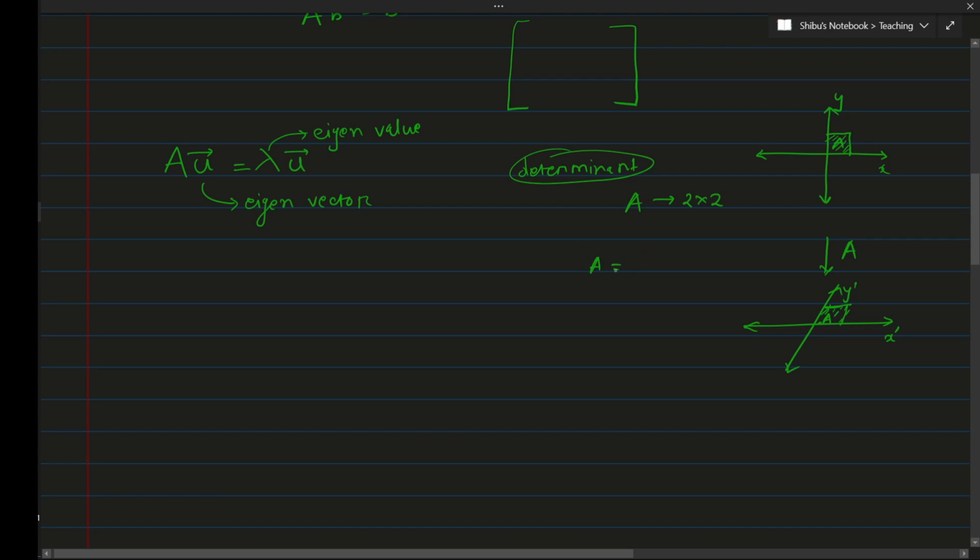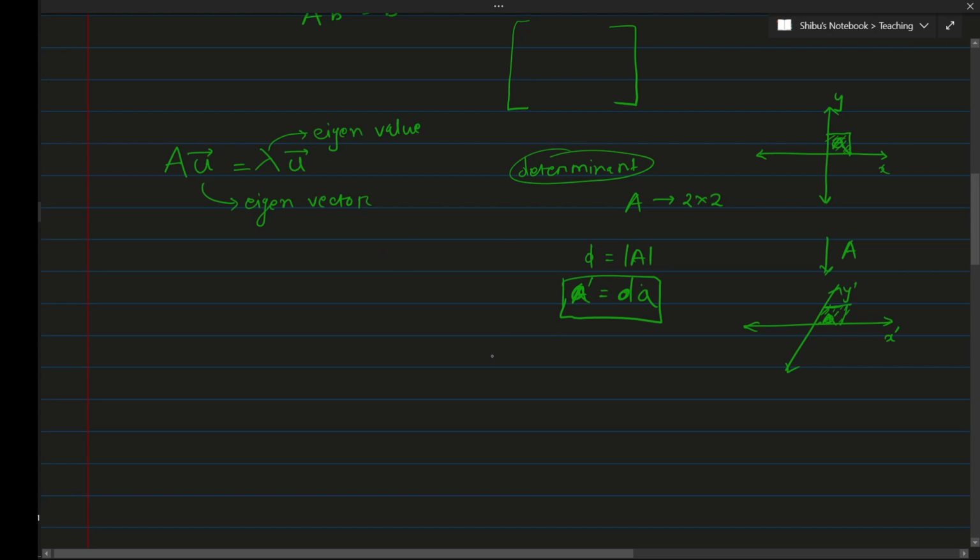This amount of distortion is given by the determinant. Let's say D is the determinant of the matrix A, then the amount of distortion that happened will be given by this determinant. So A dash will be D times A. The scaling factor of this stretching or compressing, the distortion of area, will be given by this determinant.